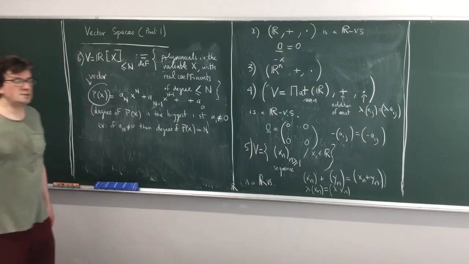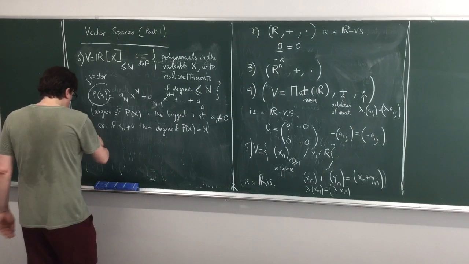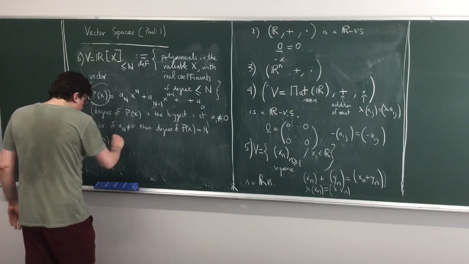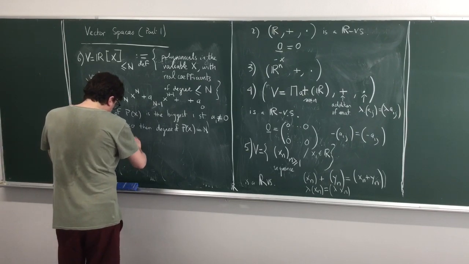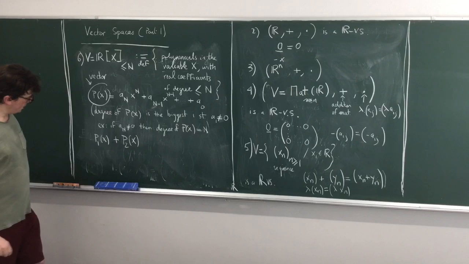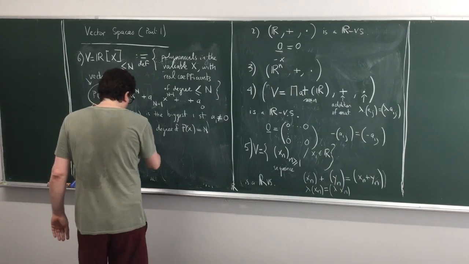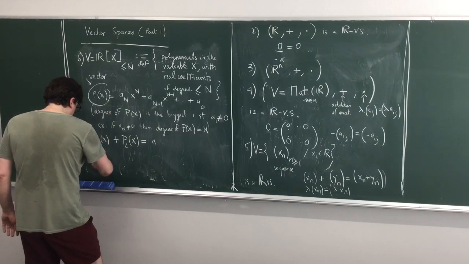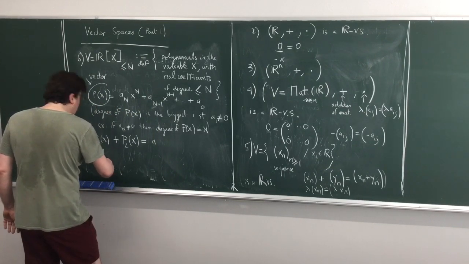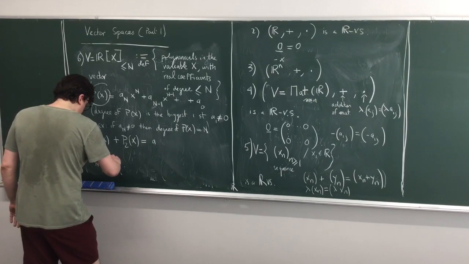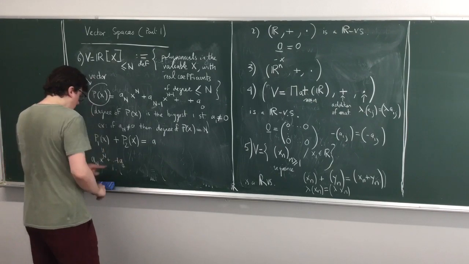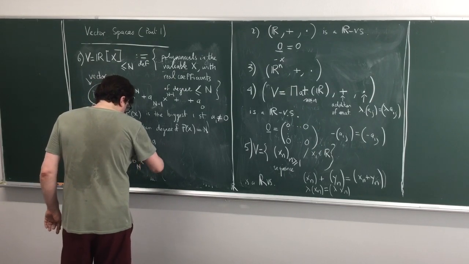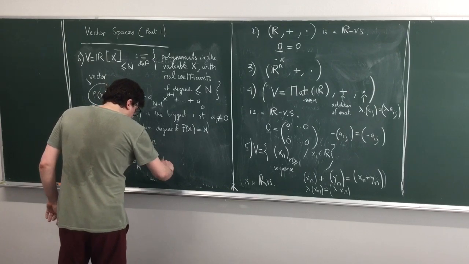Now, what is the plus and the scalar multiplication? We take P1 plus P2. How do we do this? Let's say that P1 is a_n x^n plus ... plus a_0, and we call the second vector b_n x^n plus ... plus b_0.